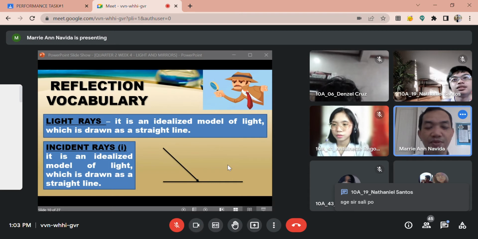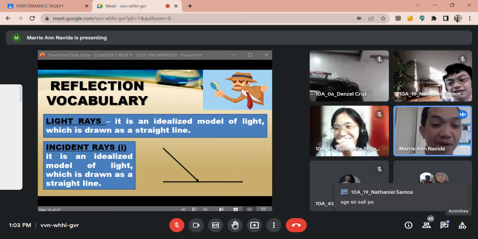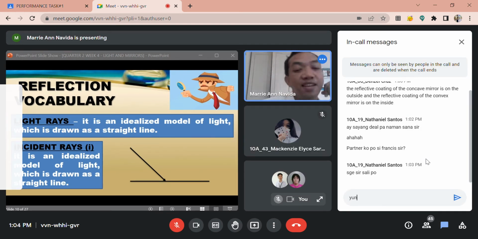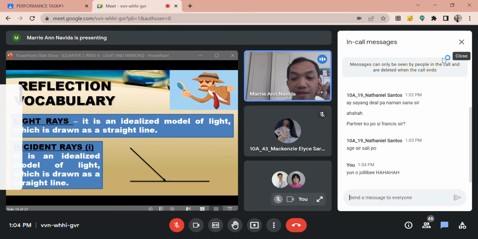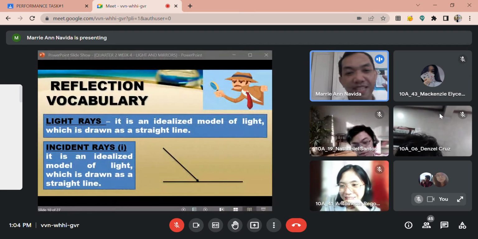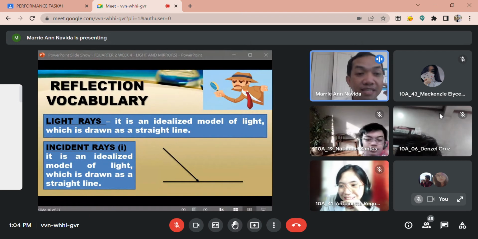Sige sir, sali po. Diyos ko po, kailangan ko ng budget. Anyway, today's payday, so kailangan Jollibee. Okay, so Francis and Nathaniel will be exempted in quiz number 2. Okay, sige. Bawiin ko na pala, nag-deal na si Nathaniel. Charot.